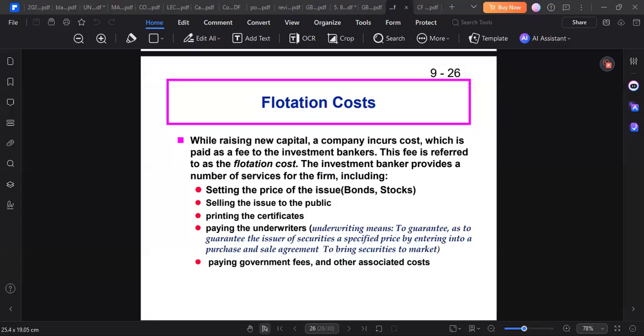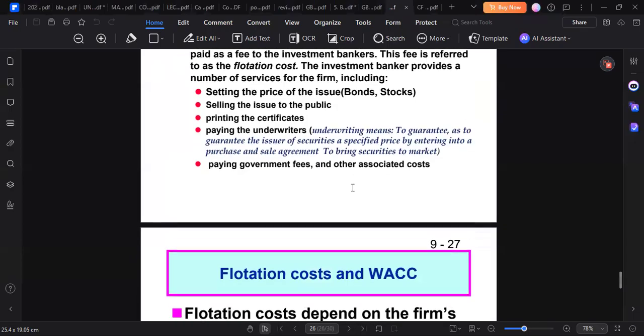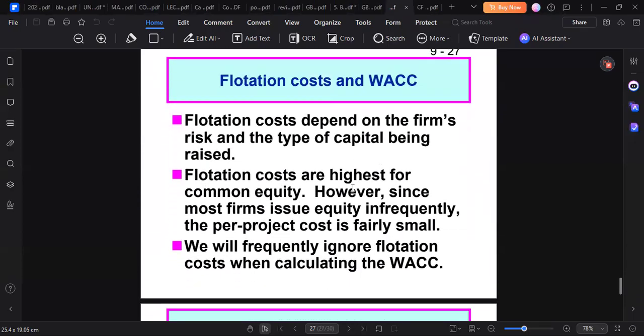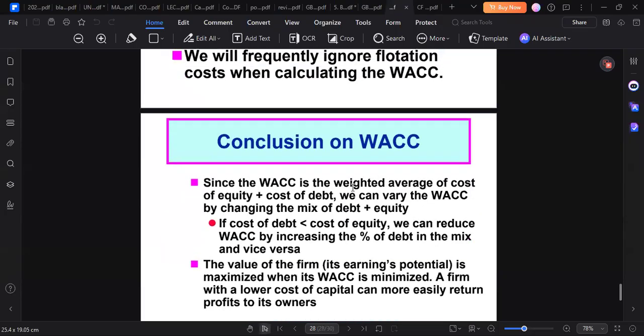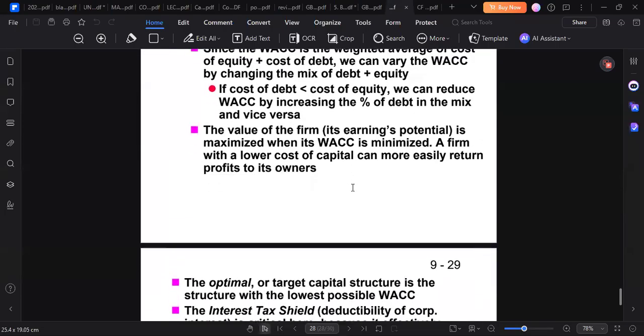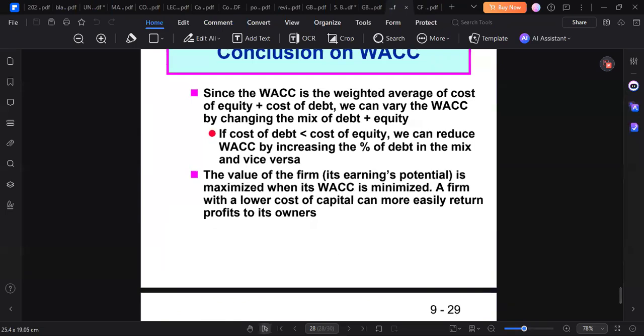So now, what is the implication of minimizing WACC? When we minimize WACC, we are minimizing the value of... when we minimize WACC, we are maximizing the value of the firm. Since WACC is the weighted average cost of debt and equity, when we lower WACC, we're increasing the proportion of cheaper capital, which is debt.